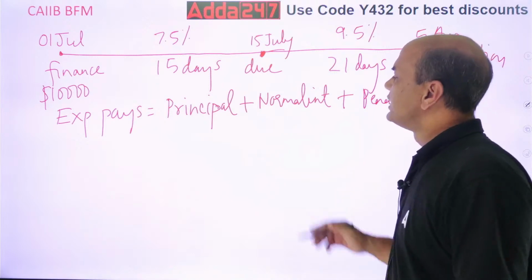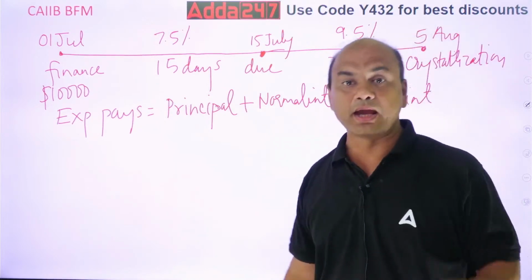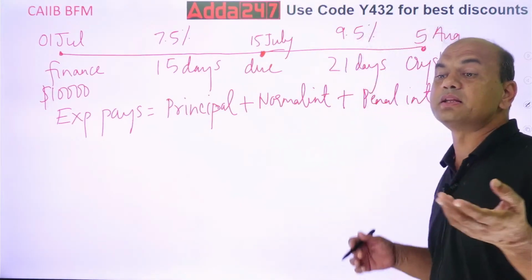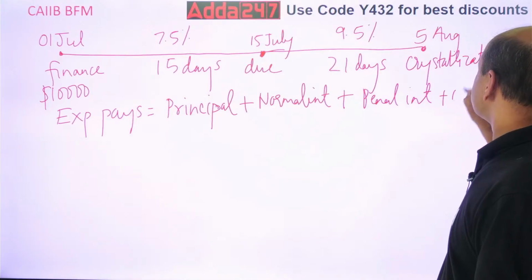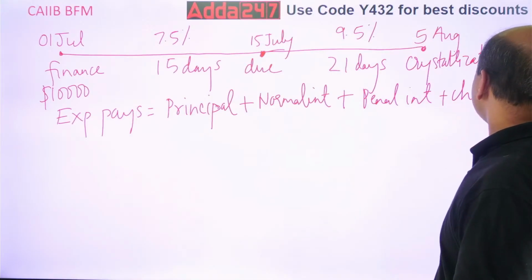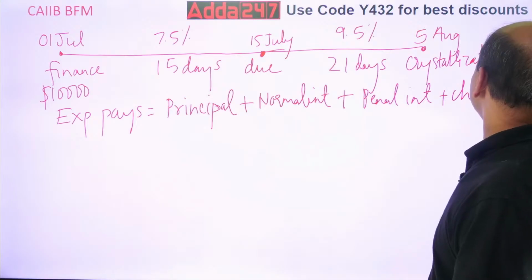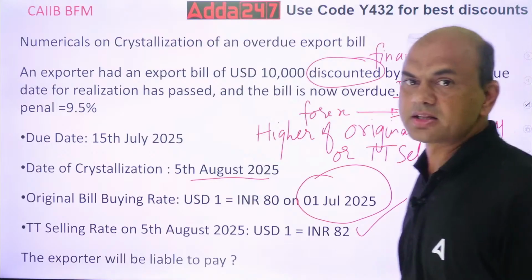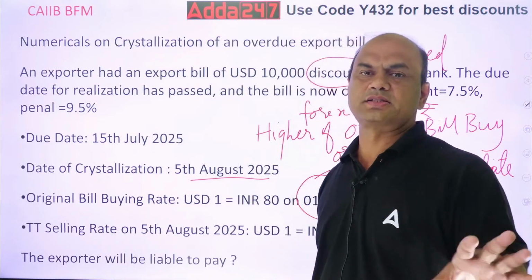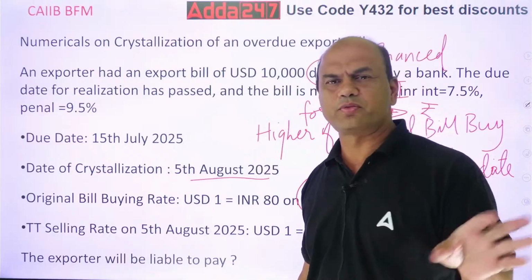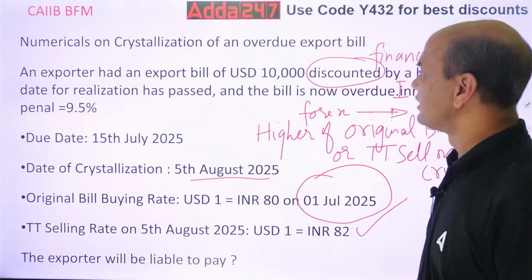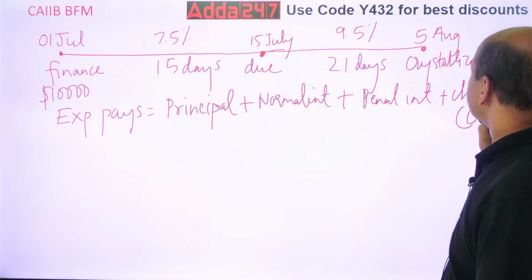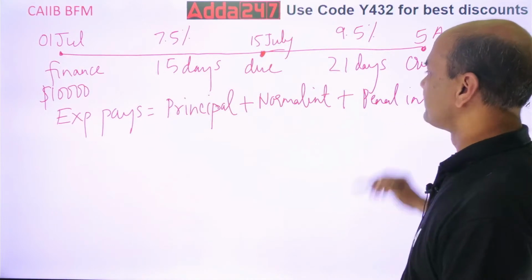These three things the customer will pay me, and if there are any charges, I would add them. But in this numerical no charges are mentioned. Otherwise, they mention in the numerical, kindly charge this fee, that fee, any fee. Here there are no charges, so this will be 0. Now calculate these three.